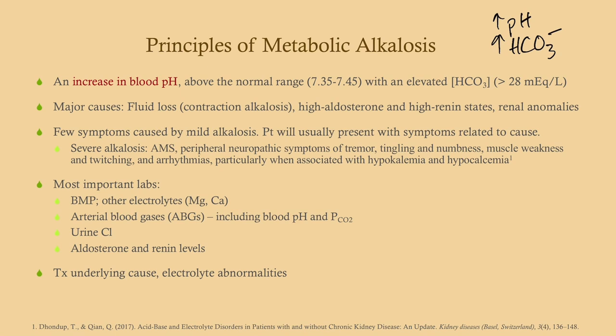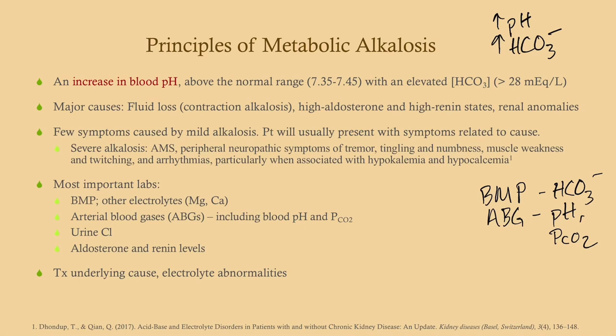The most important labs, of course, with any acid-base disturbance, you need to get a basic metabolic profile, which is going to include your bicarbonate, and you need to get arterial blood gases, which will give you your blood pH and your PCO2. If you have all of those measurements, then you're going to be able to diagnose the acid-base disturbance.